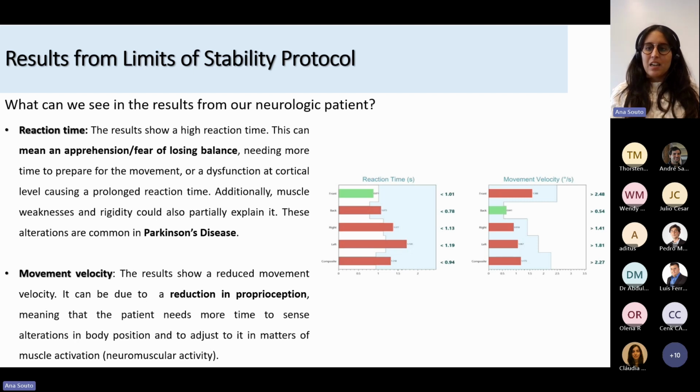Meaning that a person is going to need more time to sense changes in position and movement and to adjust to these changes. So we can see that our patient has increased reaction time and decreased movement velocity.